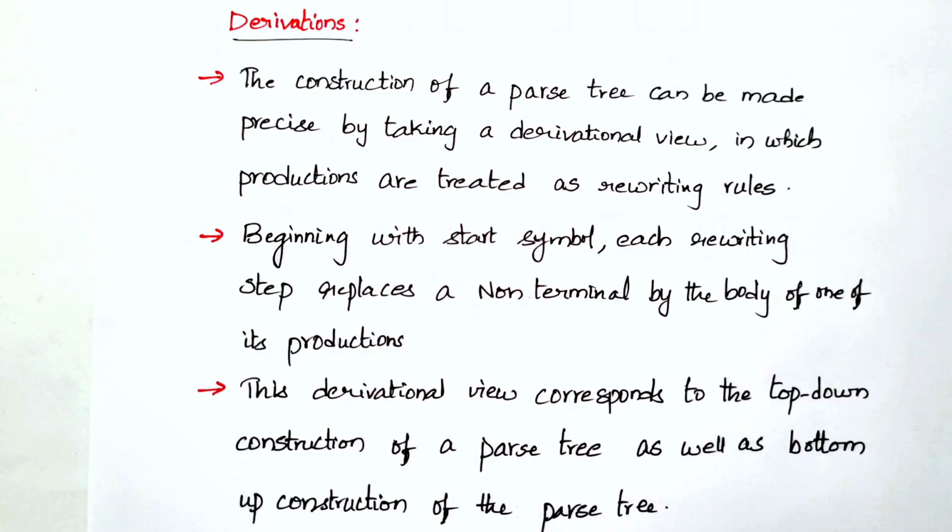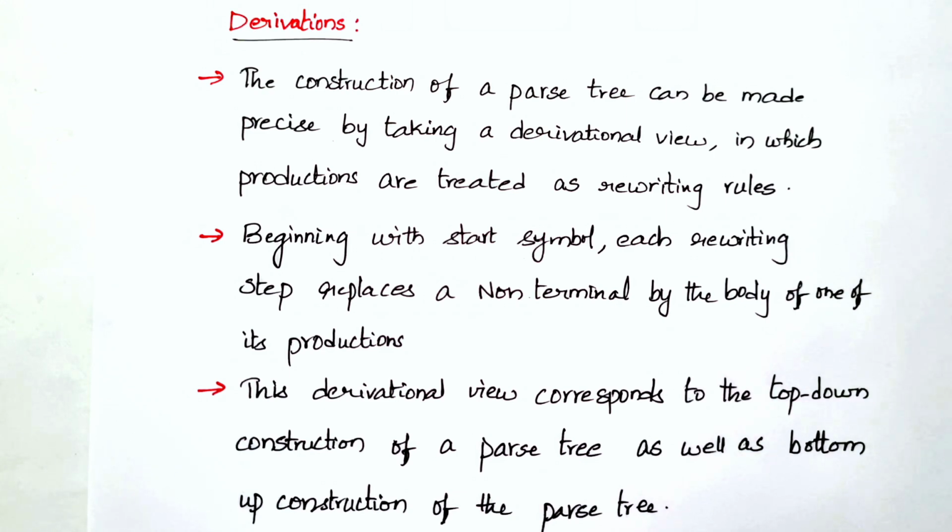We begin with the start symbol, and at each step a non-terminal symbol is replaced by the right hand side of one of its productions. This process continues until only terminal symbols remain. Derivation provides a systematic way to show how a string belongs to the language defined by the grammar.